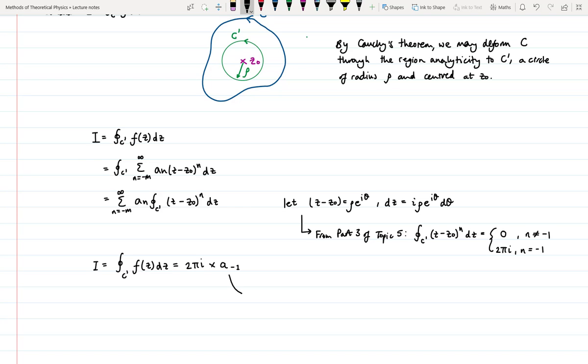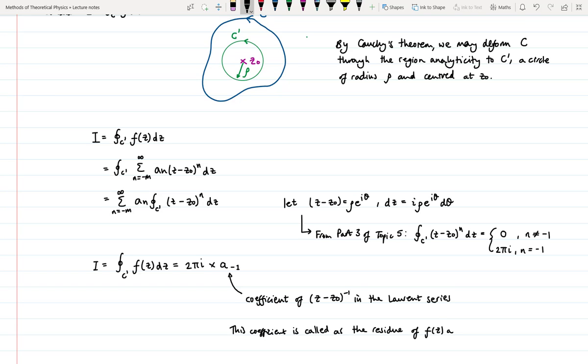I'm going to label this particular coefficient. This is the coefficient of z minus z0 to the minus 1 in the Laurent series. This coefficient has a special name. This coefficient is referred to as the residue of our function f of z at the point z equals z naught.